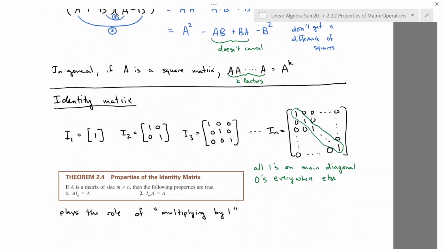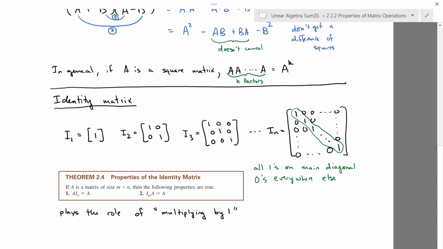And then on the bottom of this page, we introduce the identity matrix, which plays the role of the number 1 when dealing with matrices. The identity matrix is a square matrix, and you have an identity matrix for each size. The 1 by 1 identity matrix is just the number 1.